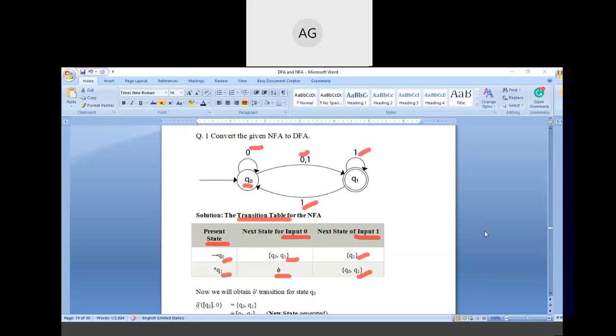Bhaskar, Mehet, Prachi, all of you understand it? Just write in the chat box. Okay. So moving on.